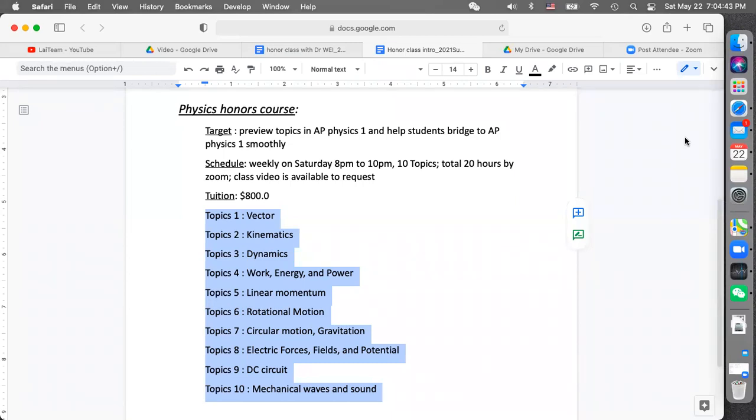But the emphasis of this class is to look at the fundamentals behind those topics. So we will not lean much towards problem solving at the AP Physics 1 level, which is not the focus. Again, the focus is to lay a solid foundation in the fundamentals behind the topics and also help with the transition into AP Physics 1.